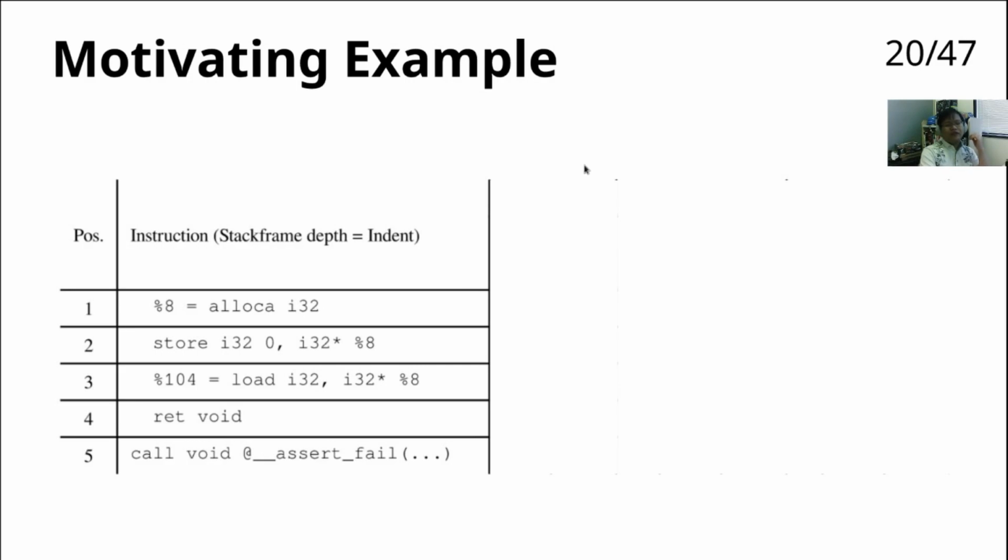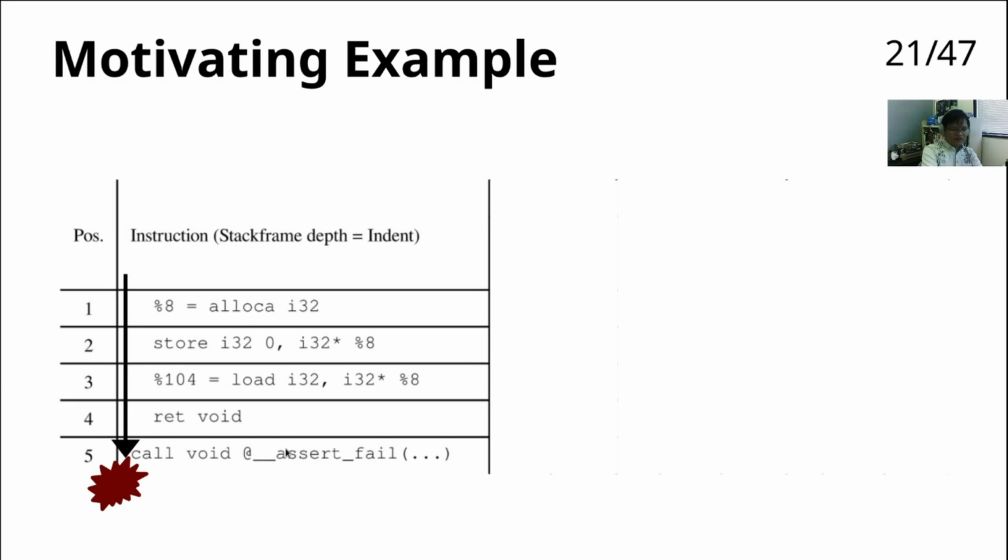We will now explain the problem using a concrete example. So here we have a serialized execution which starts with register %8 equals alloca, stack variable allocation, then ends with an assert failure into a crash.